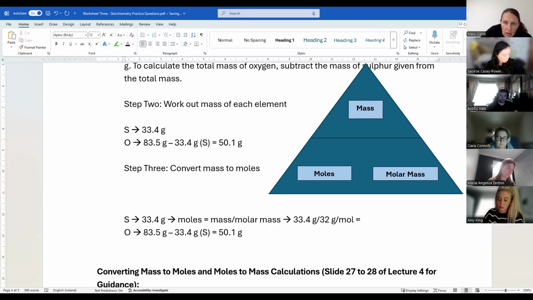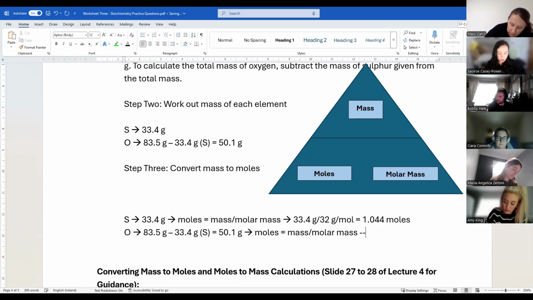So 33.4 divided by 32 should give us, we'll just round it, 1.044 moles. Can everyone see where I'm getting that from, yeah? Okay, so for our oxygen, we're going to do the exact same thing. Taking our same equation, mass divided by molar mass.